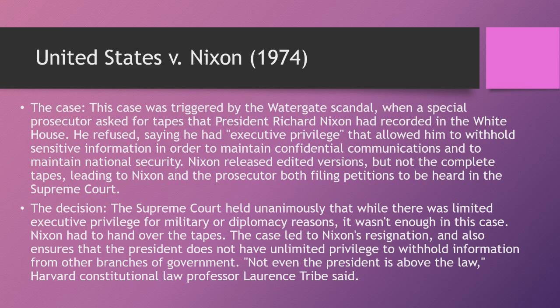The Supreme Court eventually held unanimously, so no one dissented, that while there was limited executive privilege for military or diplomacy reasons, it wasn't enough in this case, and Nixon had to hand over the tapes. This case led to Nixon's resignation, and also ensures that the president does not have unlimited privilege to withhold information from other branches of government. Not even the president is above the law.